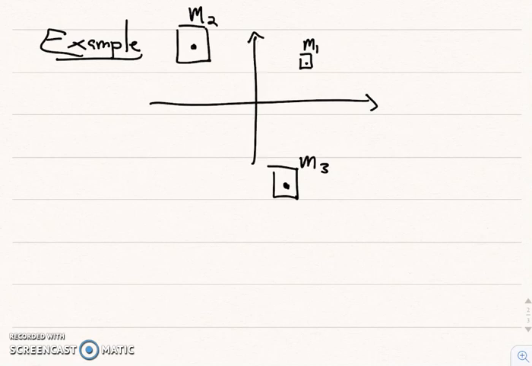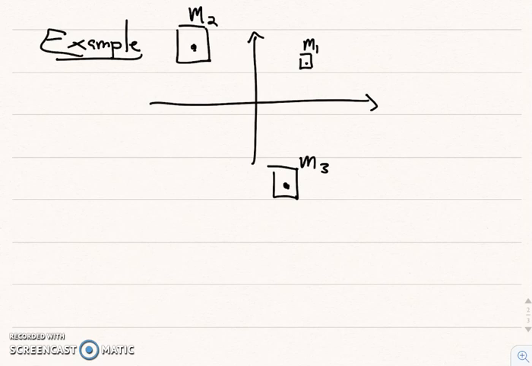So you can imagine that this system, if these masses are distributed and somehow positioned in space, might have a tendency both to rotate around the x-axis and also to rotate around the y-axis.